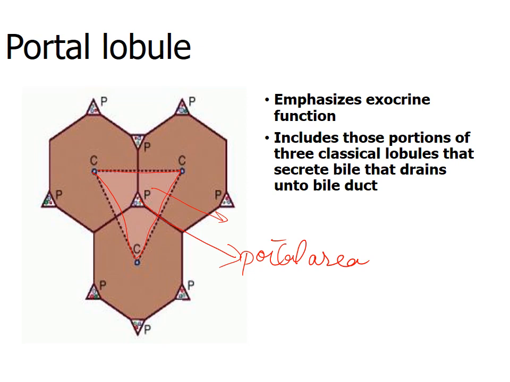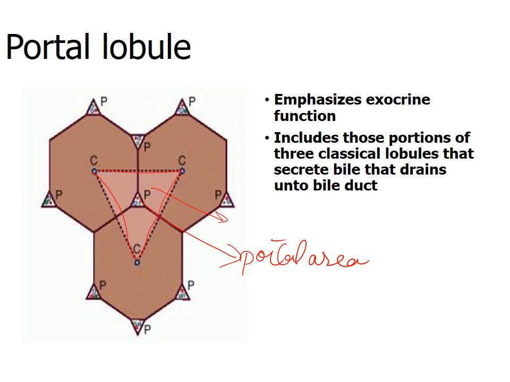So the area of the hepatic lobules, this area which consists of the hepatocytes, produces the bile, which will drain into the bile ductule of this portal tract. So this is the portal lobule.